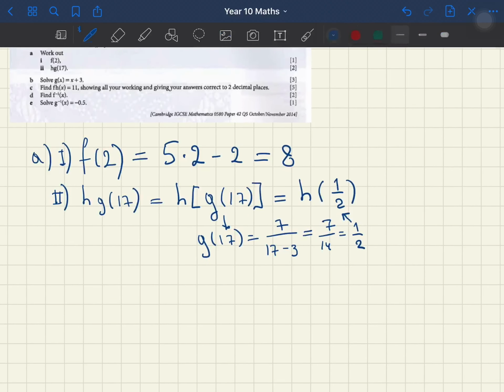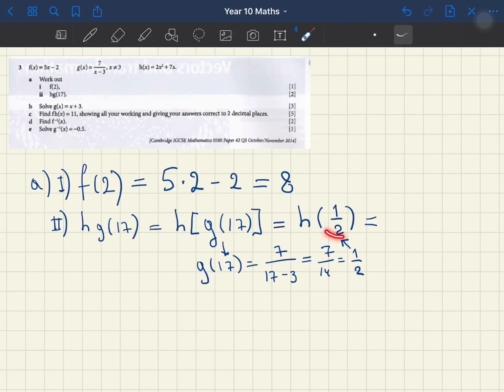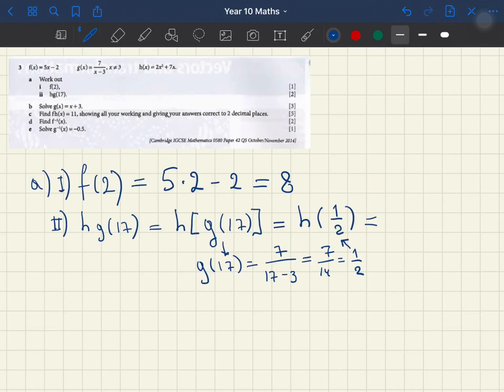So h of 1/2. So we find h and we put 1/2 in h instead of x. And notice that there's x here and there's x here as well. So you have to put 1/2 there twice. So h of 1/2 equals 2 times 1/2 squared plus 7 times 1/2, like this.